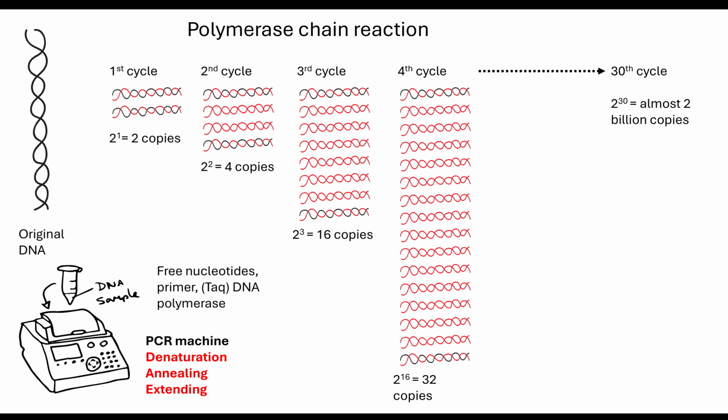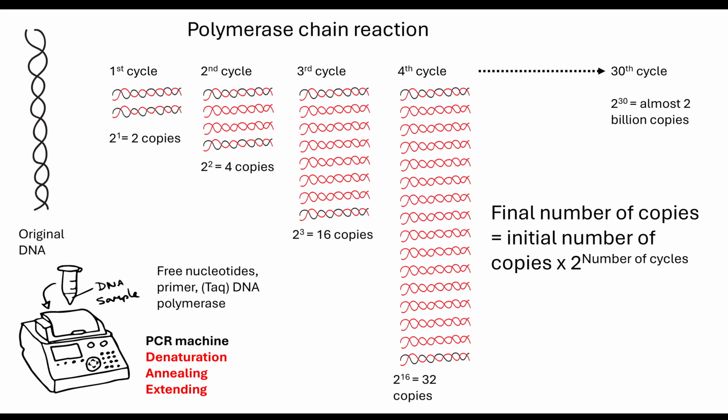So how many cycles are we going through? We are going through, in one process of using the PCR machine, about 30 cycles. So this will be repeated many times to the point in which we will end up with almost 2 billion copies of the DNA, the original sample that we took.